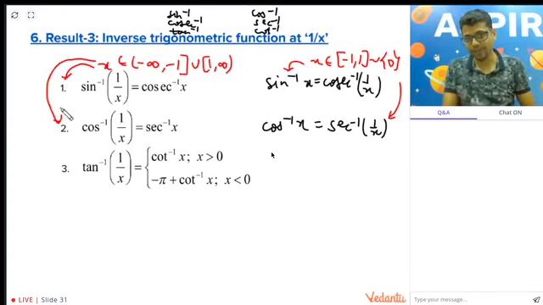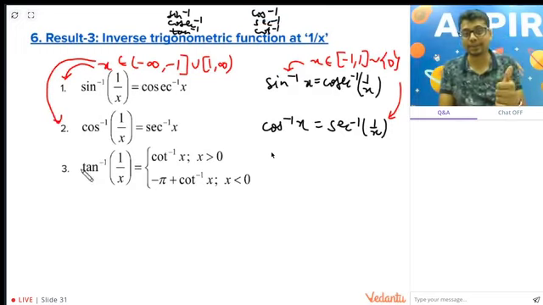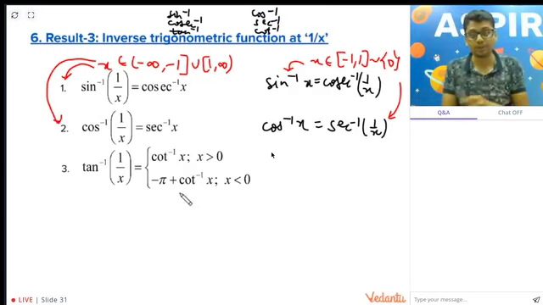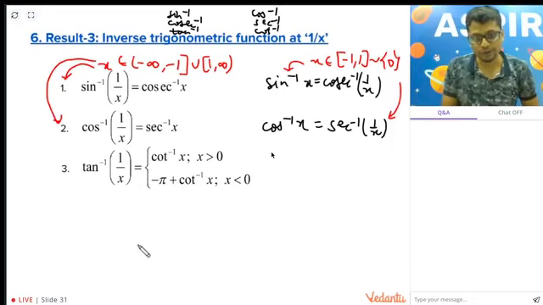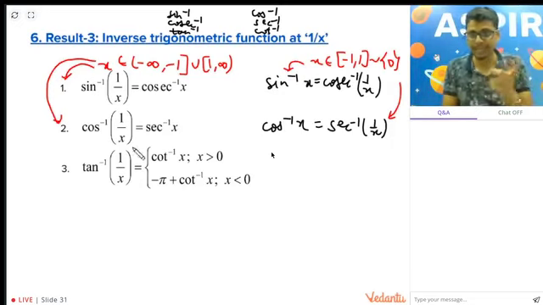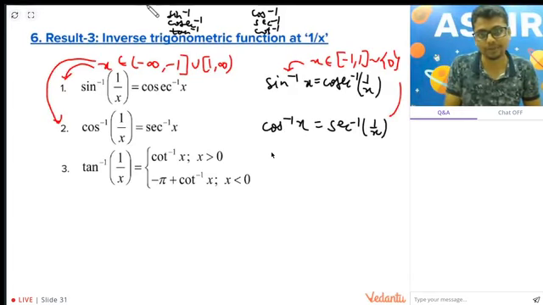So we have covered these first 2 points. Now everyone focus on the third point. Tan inverse 1 by x is cot inverse x if x is greater than 0, and it is minus pi plus cot inverse x if x is less than 0. All right. The same can hold this way also; I can say it this way also. Please pay attention. Tan inverse x. Now what about cot inverse x? Let me use black only.